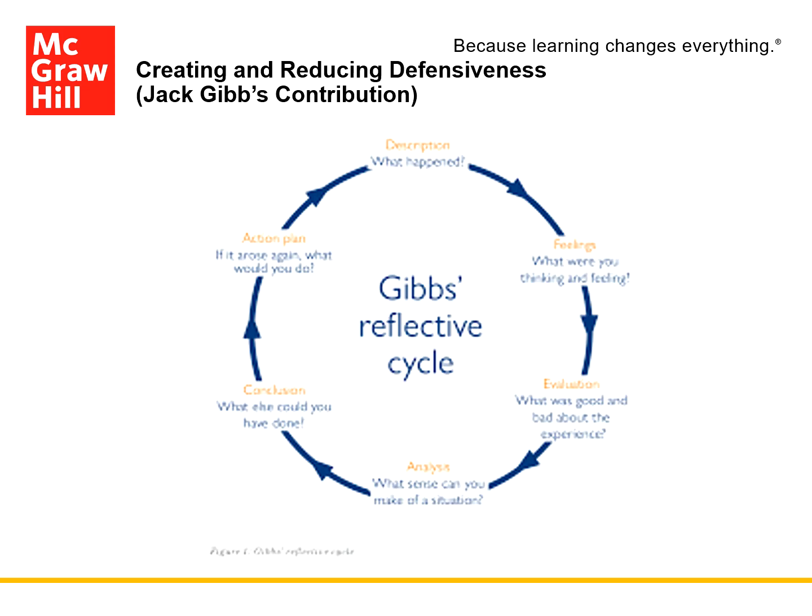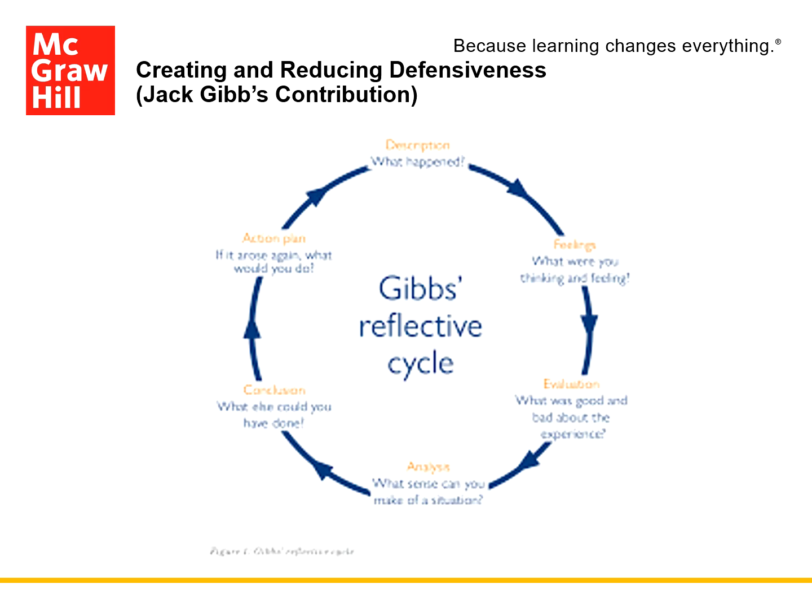And take a look at what's called the Gibbs cycle. This is where you have a decision to make. So what's happened? Maybe somebody hurt the feelings. What were you thinking about the feelings at the time? What was good and what was bad? And so now you're evaluating what caused the defensiveness or what caused the pulling away.